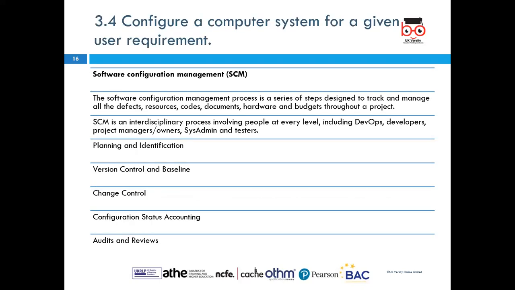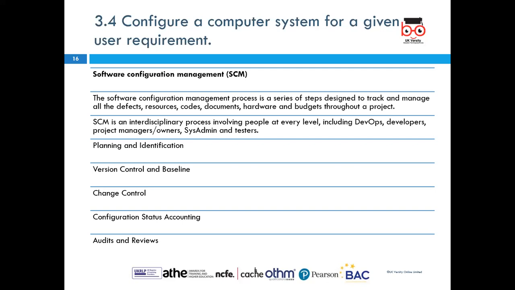When it comes to software configuration, we now need to look into how this has to be managed. This is the process where, in a series of steps, there's a design to track and manage all the defects, resources, code, and documents, and keep them on budget through a project.